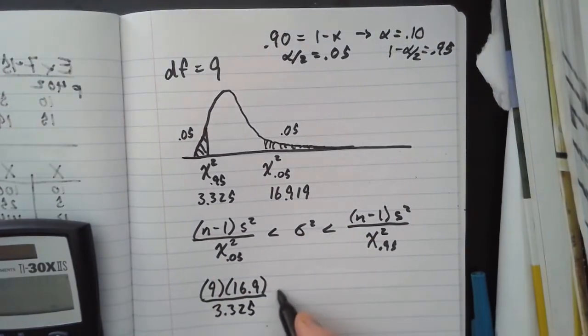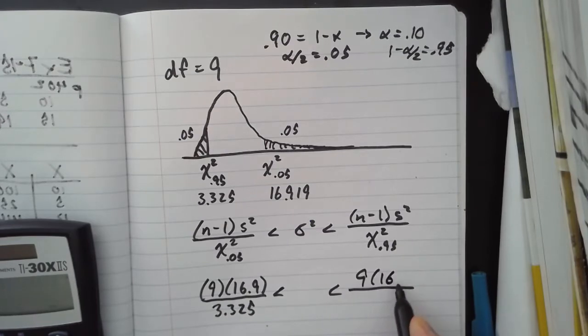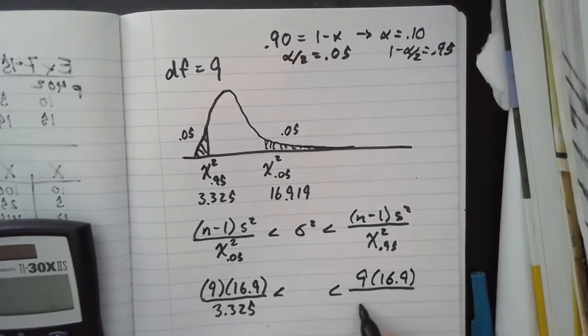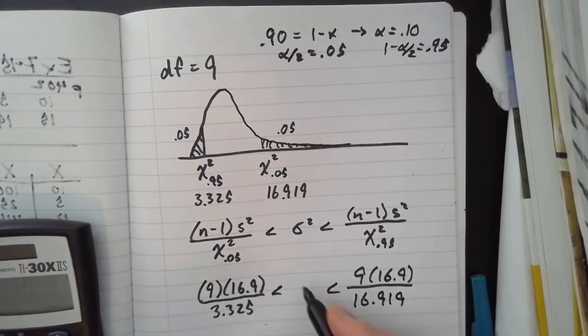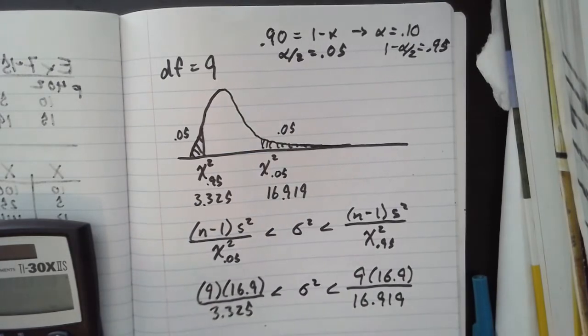That one was 3.325. And then on this side, we have basically the same thing: 9 times s squared, which is 16.9, all divided by 16.919. That value is going to be somewhat close to 9.